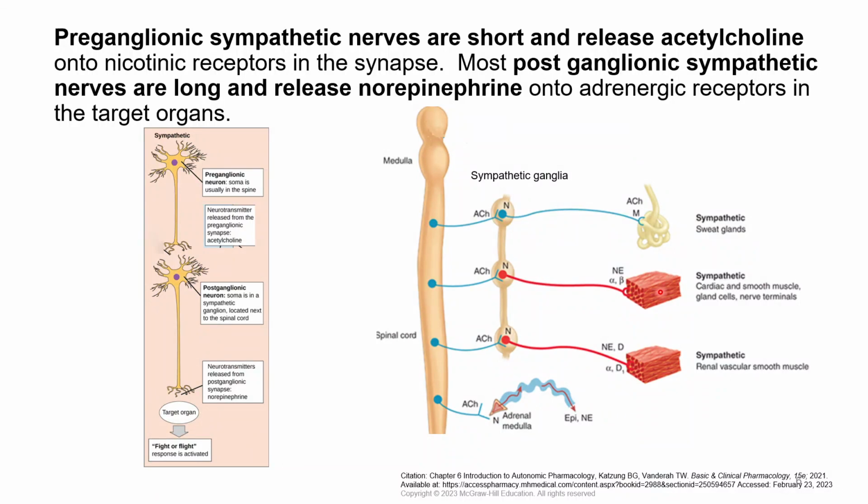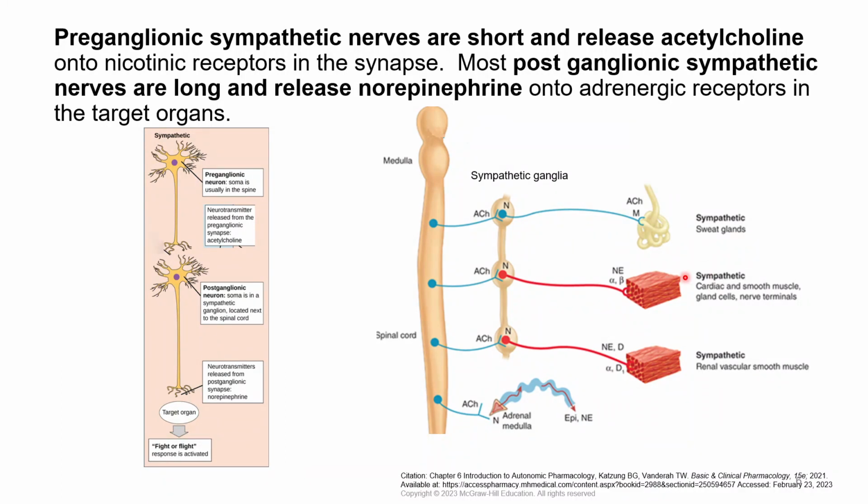What happens most of the time for most of the target organs is that norepinephrine, NE, is the neurotransmitter released from the axon onto the target tissues, where it's binding to alpha or beta adrenergic receptors. This is mostly in things like the cardiac and smooth muscle, but you also see this happening in glands as well.